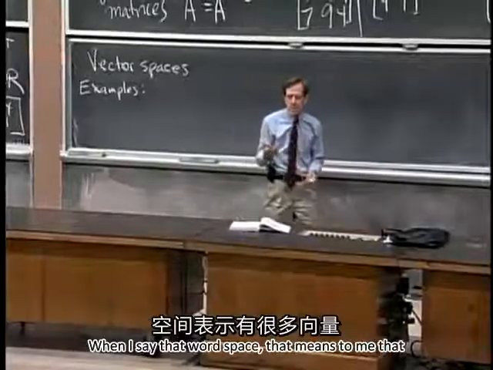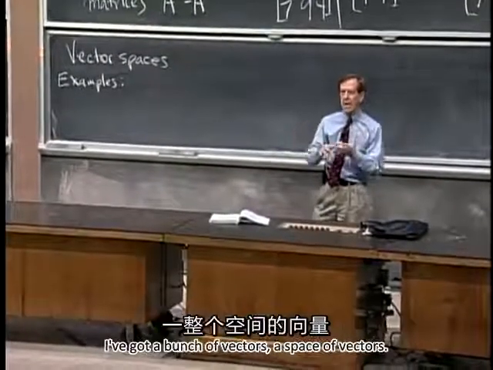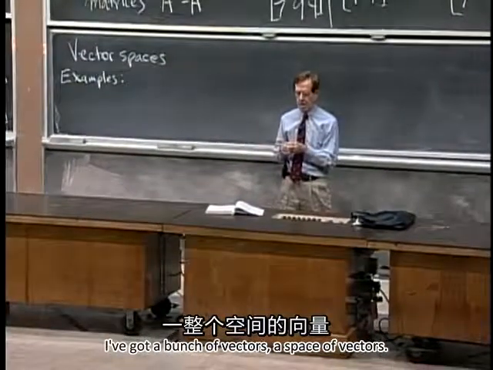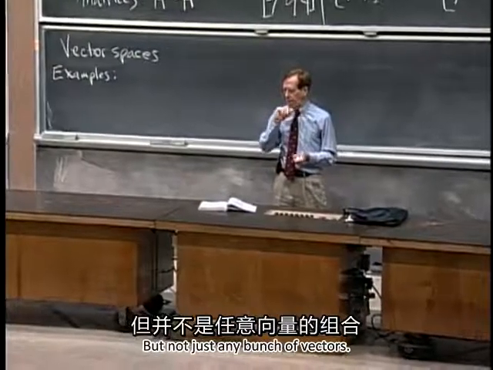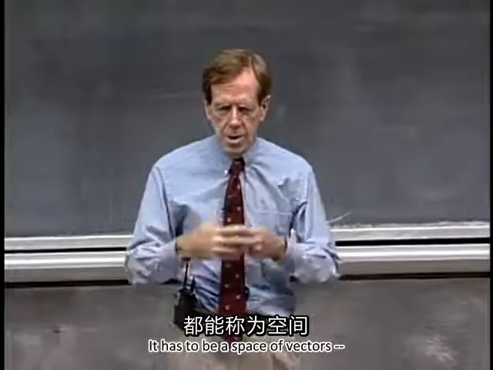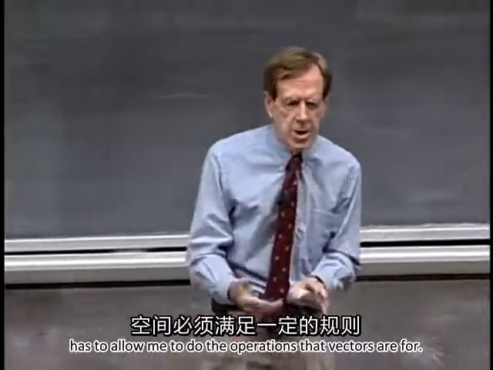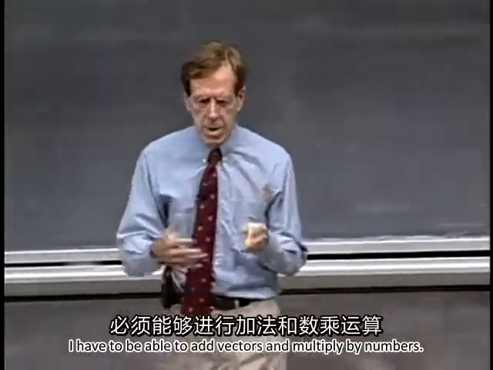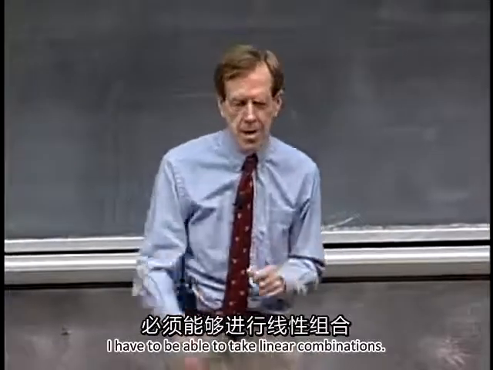When I say that word space, that means to me that I've got a bunch of vectors, a space of vectors. But not just any bunch of vectors. A space of vectors has to allow me to do the operations that vectors are for. I have to be able to add vectors and multiply by numbers. I have to be able to take linear combinations.